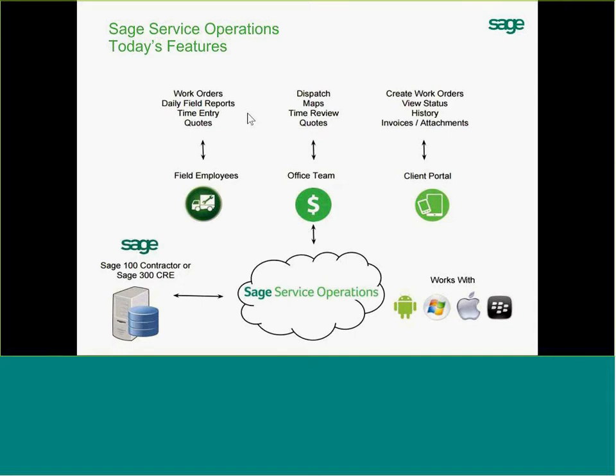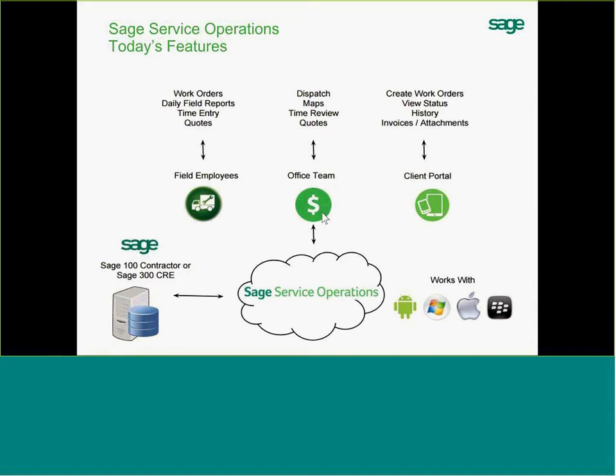They can also push information from the field back through the cloud and into your Sage 300 contracted database, such as work order notes, work order time, construction job time, things of that nature. So it's really a highly customized platform that allows your employees to access additional functionality from the field.